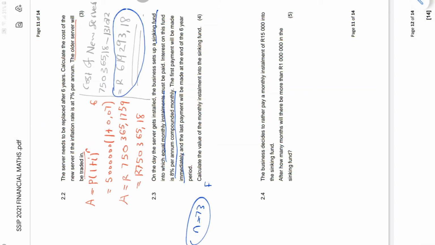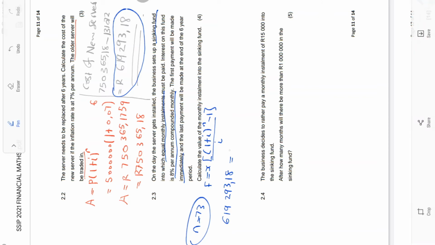So the formula: F equals x into brackets 1 plus i to the power n minus 1 over i. So in the future, we need to have 619,293.18 in the sinking fund, where we make a monthly payment that we don't know how much.